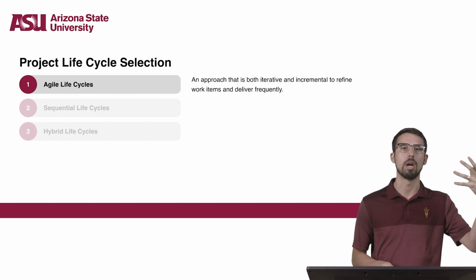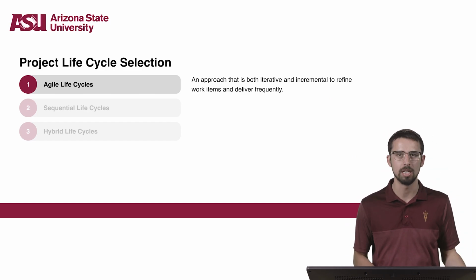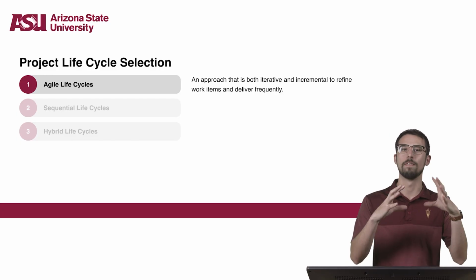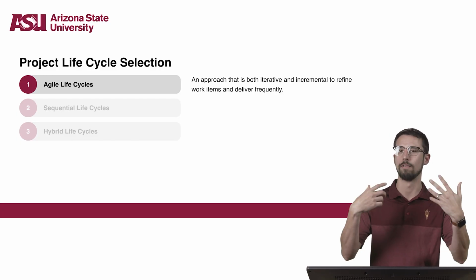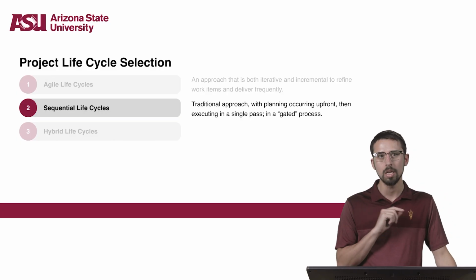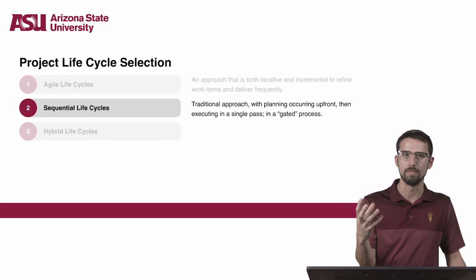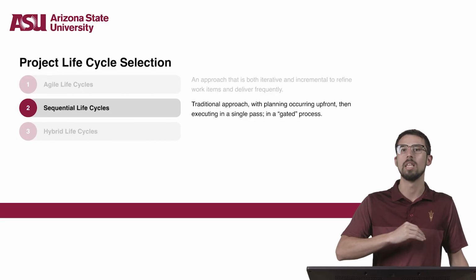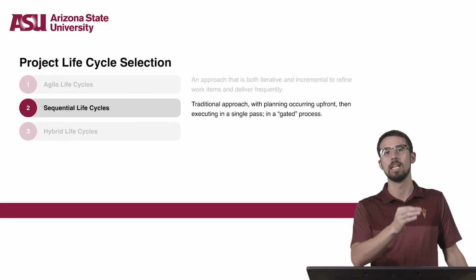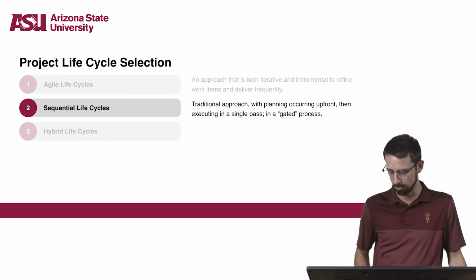Agile life cycles are an approach that is both iterative and incremental to refine work items and deliver frequently. Sequential life cycles are a more traditional approach with the bulk of the planning occurring up front, then executing in a single pass in a more gated process.